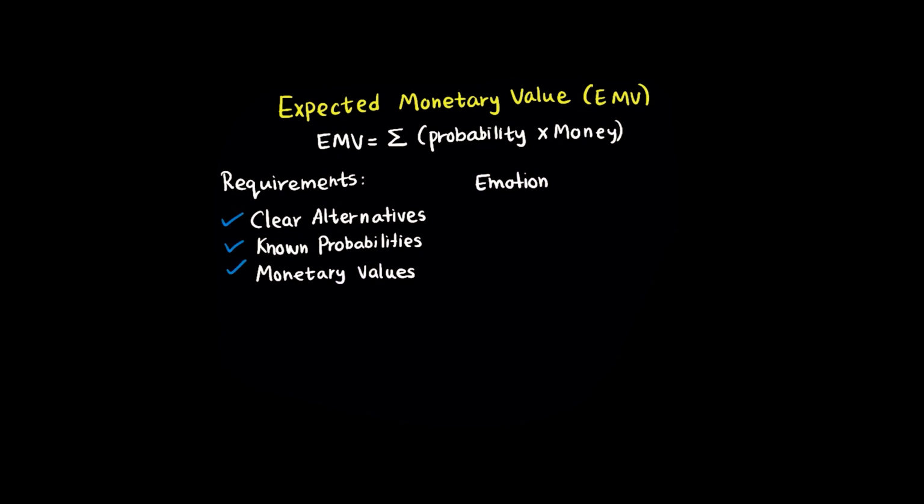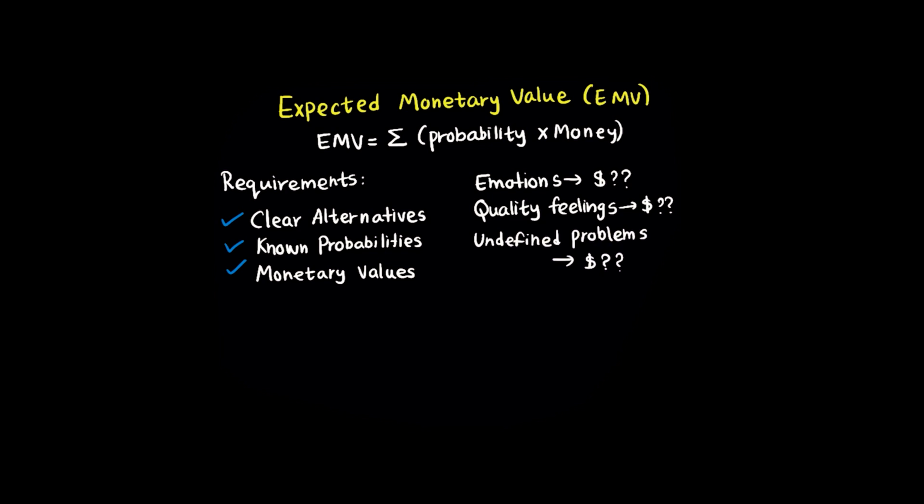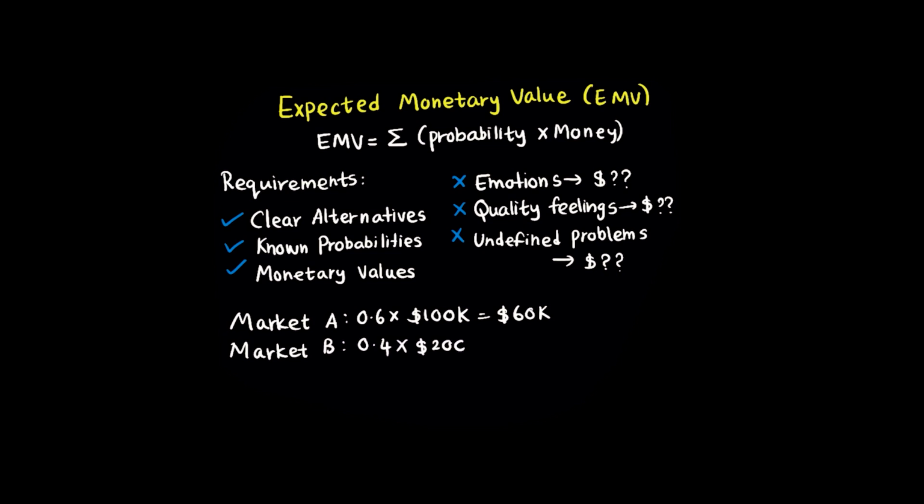In emotional decision contexts, how do you assign monetary value to feelings? For subjective quality assessments, what's the dollar value of "pretty good" versus "excellent"? But when alternatives are clear, like expand to market A or market B, and you can estimate probabilities and financial outcomes, EMV shines. The highest EMV indicates the best rational choice.